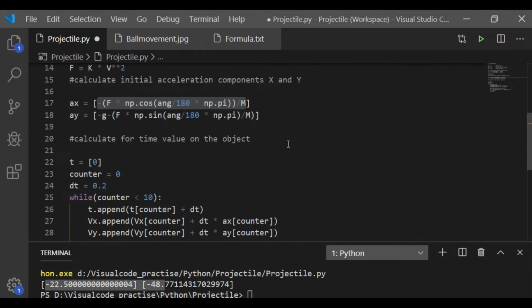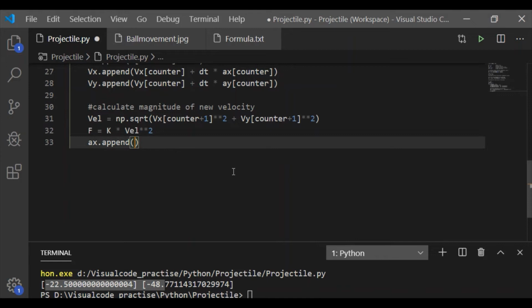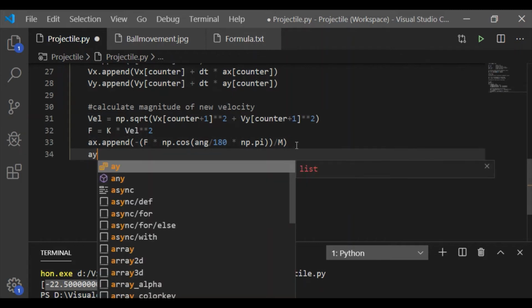So the new acceleration component ax is appended to the original ax list, and the calculation is the same. Ax is negative of drag force F multiplied by cosine theta, whole divided by m, that is the mass of the object. Here F is dependent on the magnitude of the velocity. So Ax, the x component of acceleration, changes.